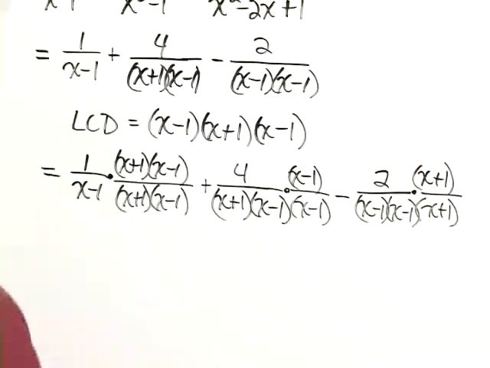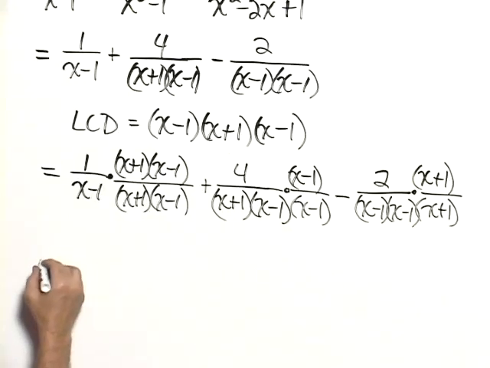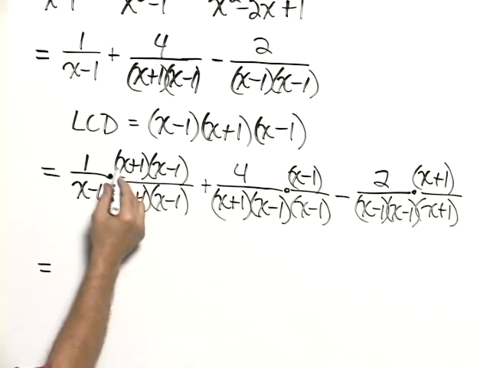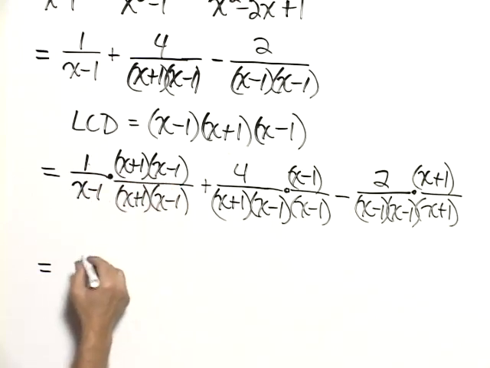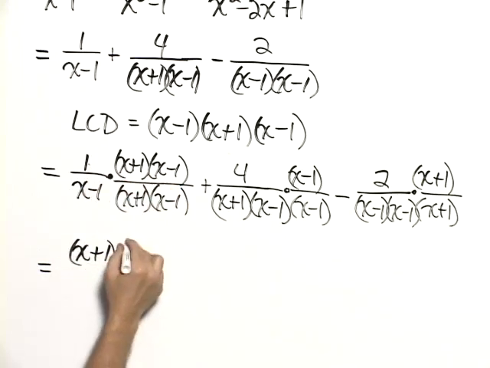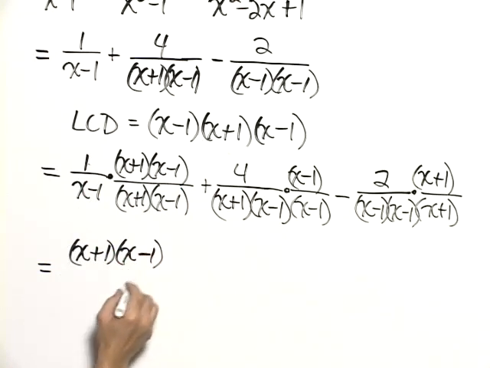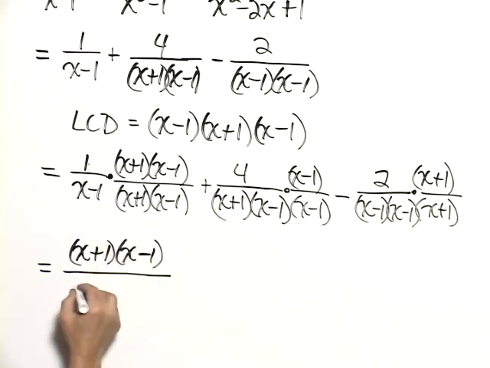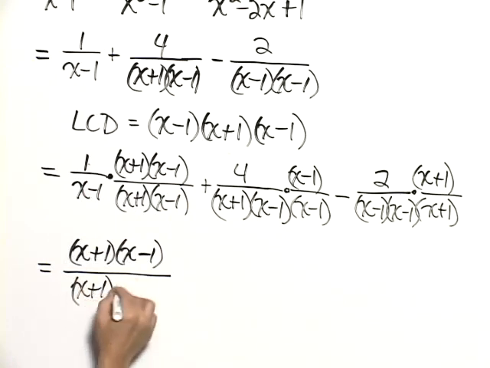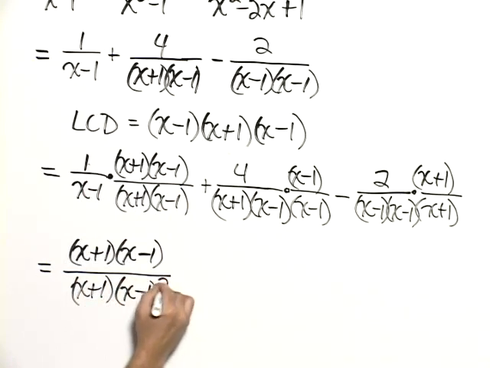Let's now look at that multiplication. This would be equal to, in the numerator, 1 times all of that just gives us x plus 1 times x minus 1. And now I'm going to write the LCD in a slightly different form, x plus 1 times x minus 1 squared.